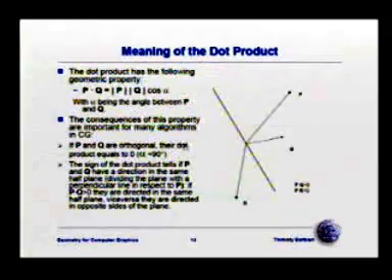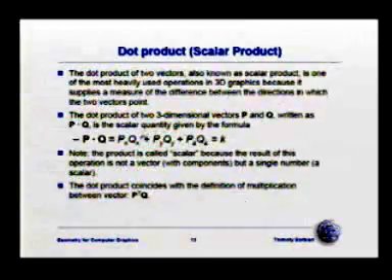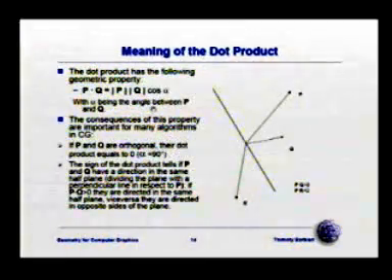That's good. But what does it mean? The scalar product has a very interesting and very important geometrical meaning, which derives from the following geometric property: another definition of the scalar product is that the scalar between p and q can also be obtained by taking the norm of p multiplied by the norm of q multiplied by the cosine of the angle between the two vectors p and q.